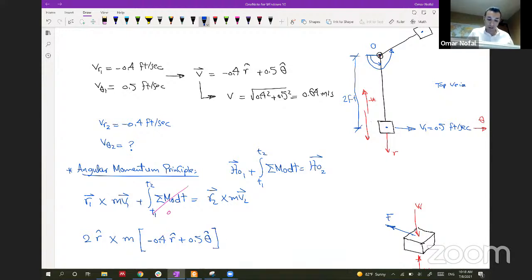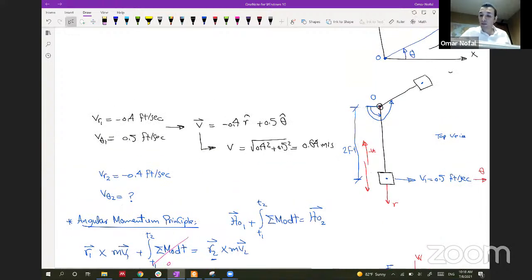So we got V1, and just make sure that the mass is multiplied by this vector as a scalar multiplication, not a cross product, because the mass is a scalar quantity. And this will be equal to R2. This is position 1 and this is position 2, and R was equal to 1 feet.